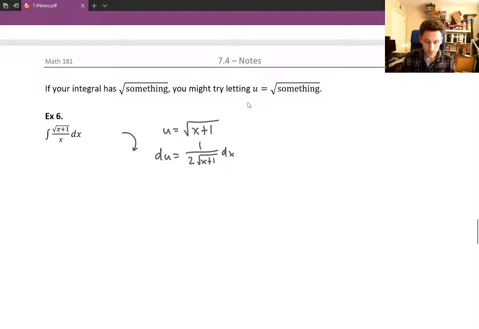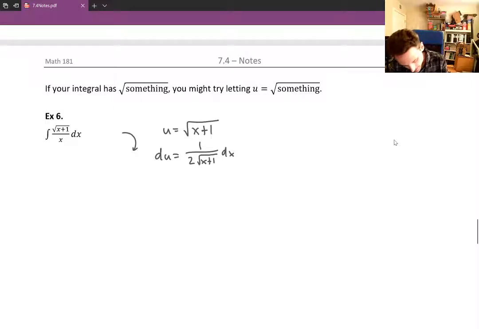Now, one thing to notice is that we don't have a square root of x plus 1 in our integrand. So it doesn't seem to match what we have here in our integrand. But that's okay, actually, because the square root of x plus 1 was our original u.